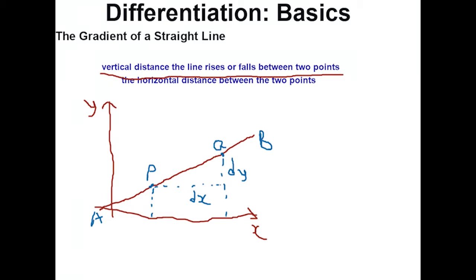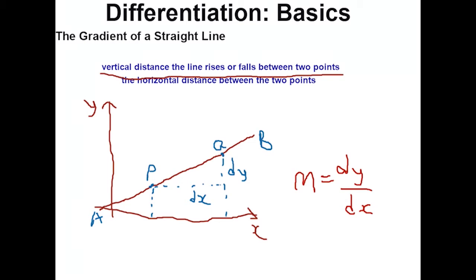So the gradient is denoted by m and is equal to δy over δx.